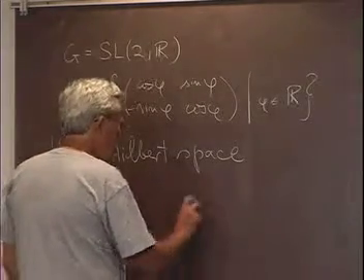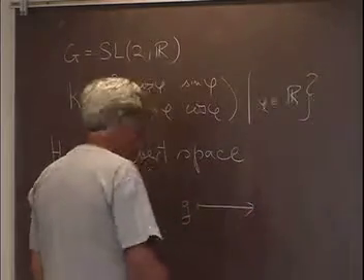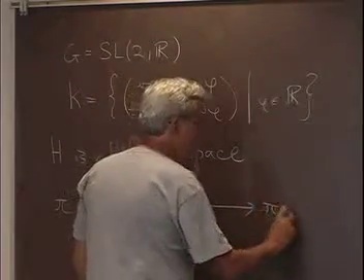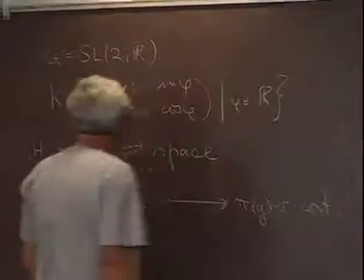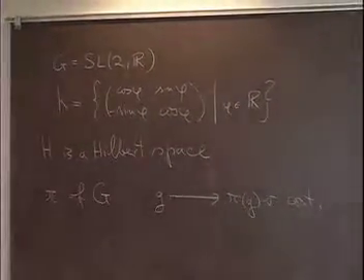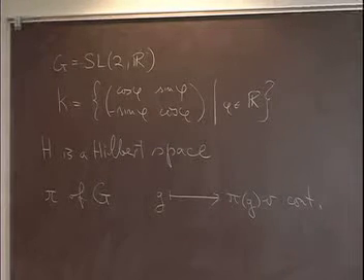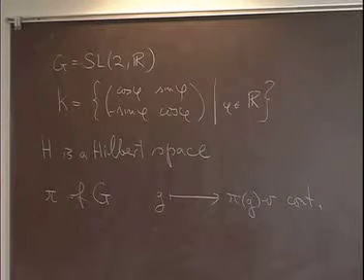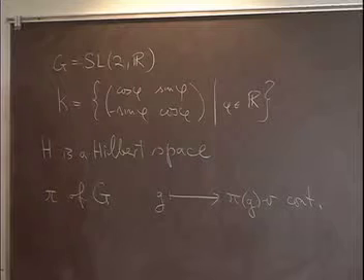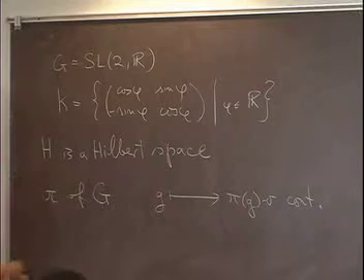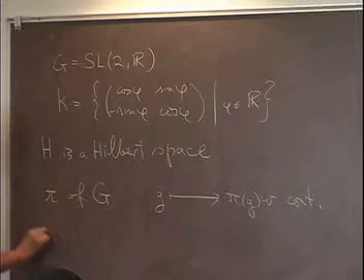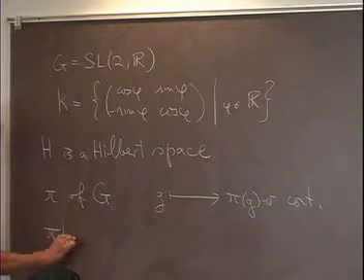So if I look at the function from the group G into pi of g applied to v, this is continuous. We can consider this representation and try to analyze it. So the first thing we remark is that we can restrict pi to K.